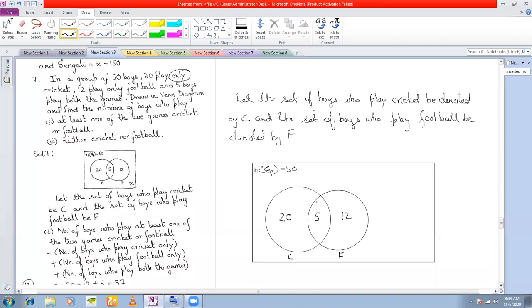Now we shall answer the questions. Find the number of boys who play at least one of the two games. Now, at least one of the two games means what?